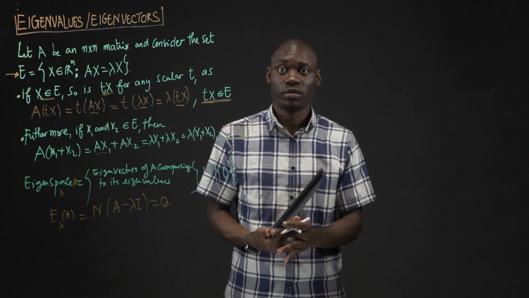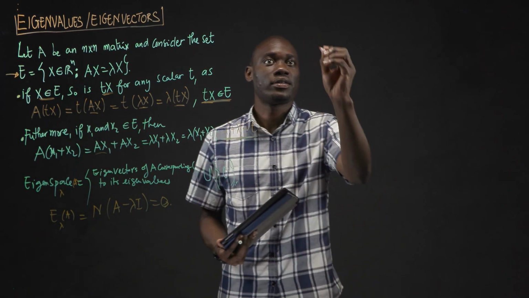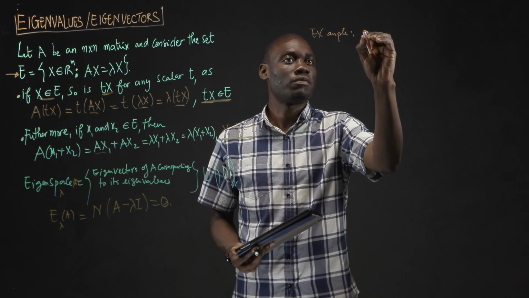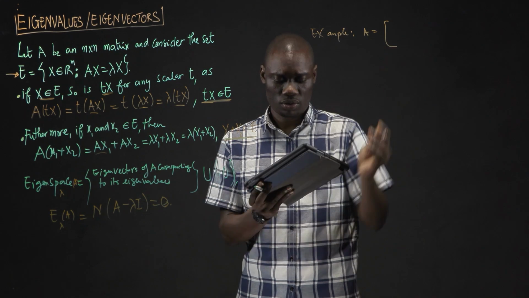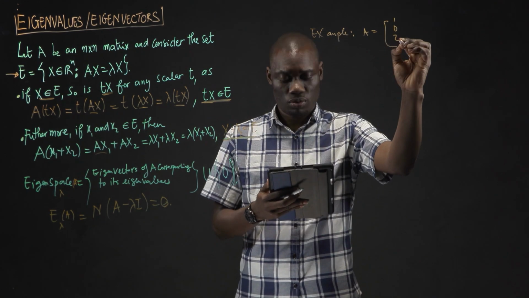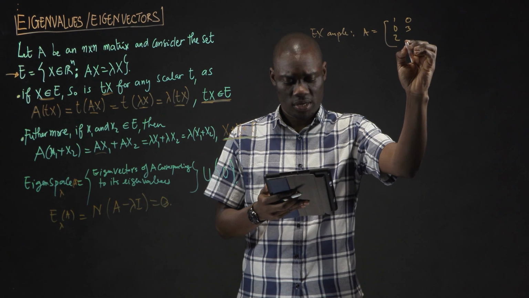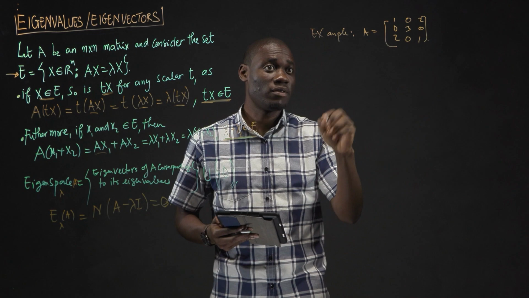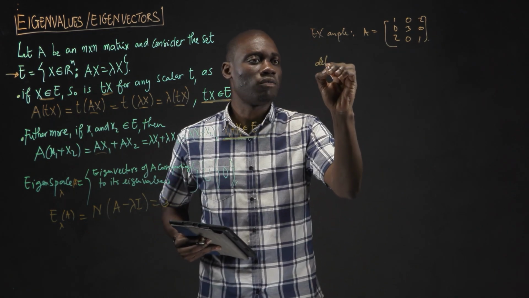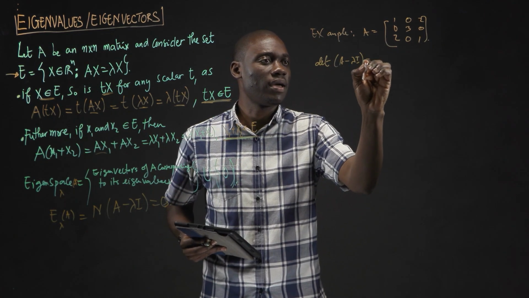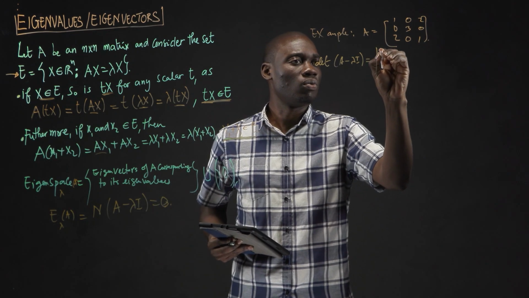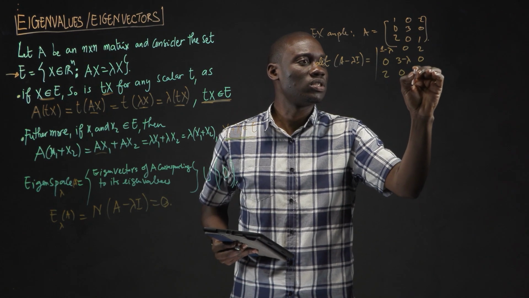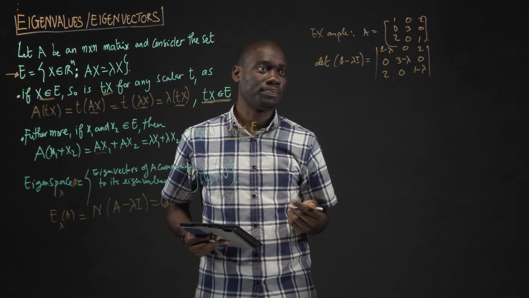So the eigenspace will be the vector space of all eigenvectors corresponding to their eigenvalues. Okay, so for example, find the eigenspace of matrix A, which is equal to [1, 0, 2; 0, 3, 0; 2, 0, 1]. Now we know that the first step is to solve for the determinant of A minus lambda I, which is equal to the matrix [1 minus lambda, 0, 2; 0, 3 minus lambda, 0; 2, 0, 1 minus lambda].